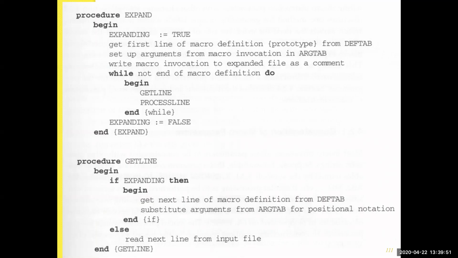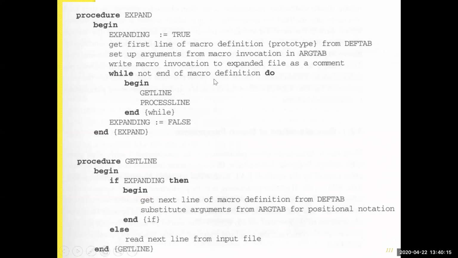So the first definition that is read is a macro prototype corresponding to the macro name that was found in the name table. After the prototype is read, the arguments are set up in the argument table in the order of their position in the macro invocation statement, and the invocation statement itself is written as a comment.